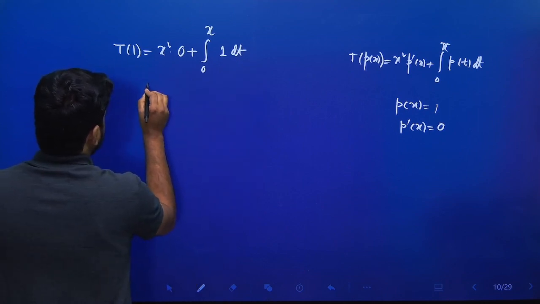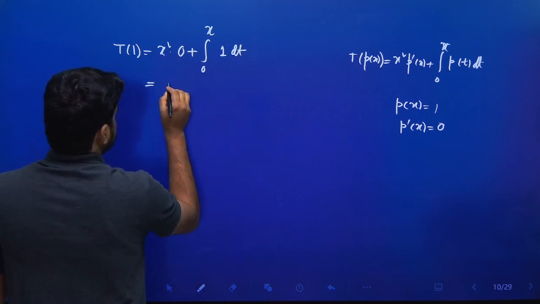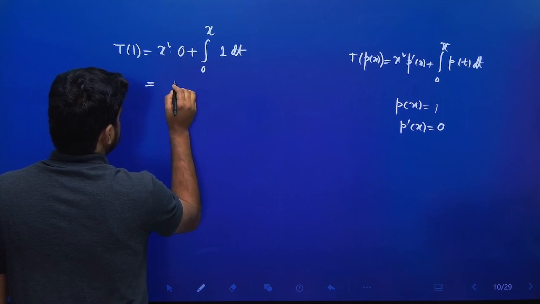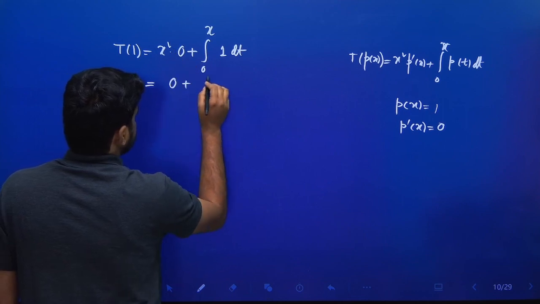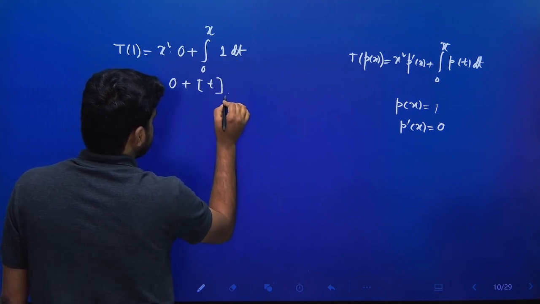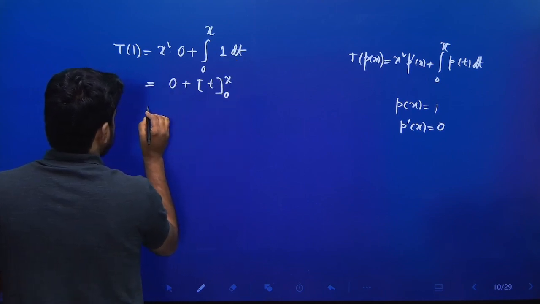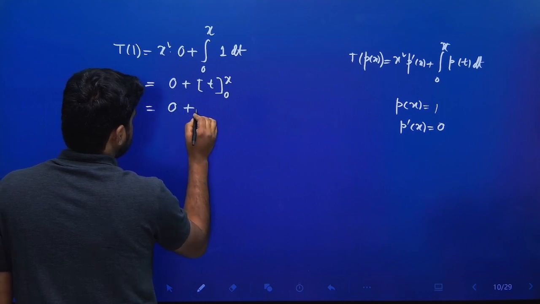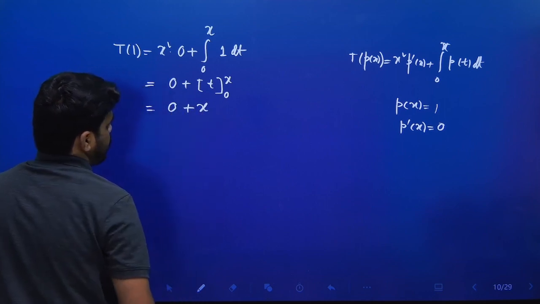So this is 0 plus the integration of dt, which gives t from 0 to x, so ultimately we get 0 plus x, right?